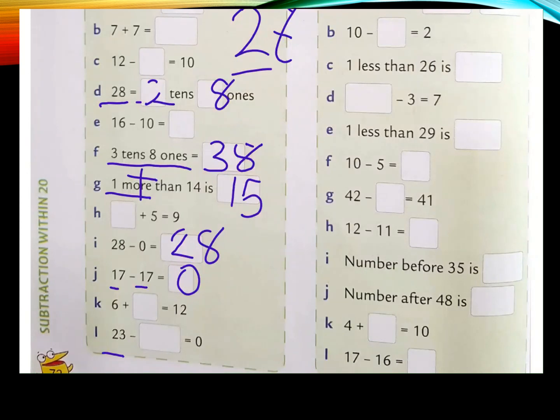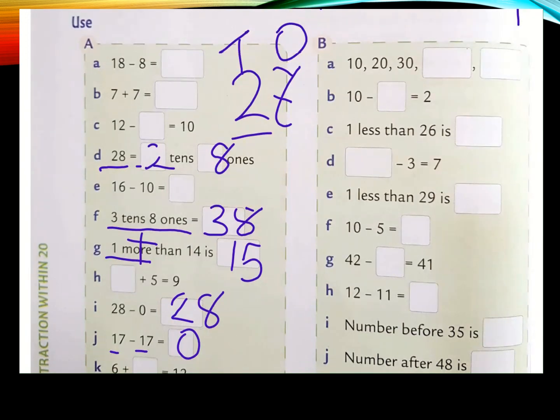So to get 0, you have to minus the same numbers. 23 minus 20. 1 less than. Less means minus. 1 less than 26. So one number backwards will be 25.